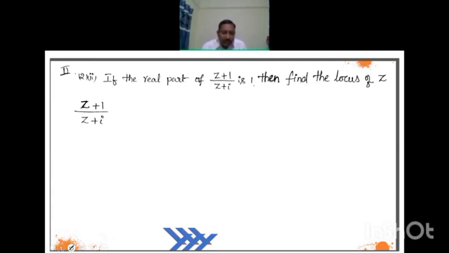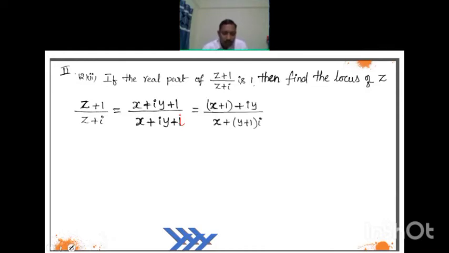Now here the expression is (z plus 1) by (z plus i), but z is equal to x plus iy, so we can write x plus iy plus 1 by x plus iy plus i. So we get x plus 1 plus iy by x plus i(y plus 1).